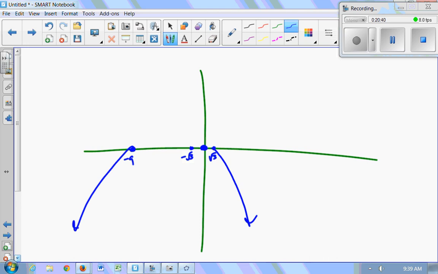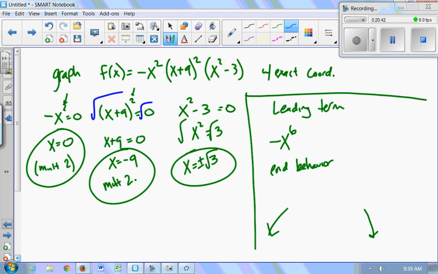I could get a y-intercept, something I could figure out. I would just get that by plugging a 0 in. So that's going to be 0, right? Because this term, when I make that x a 0, doesn't matter what I multiply by, I'm going to get 0. So that's not too helpful.